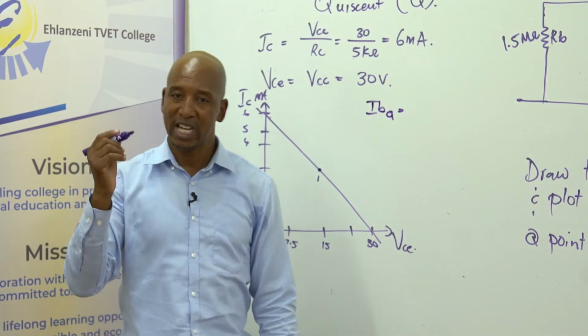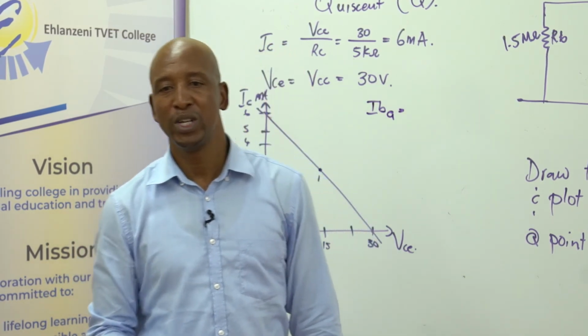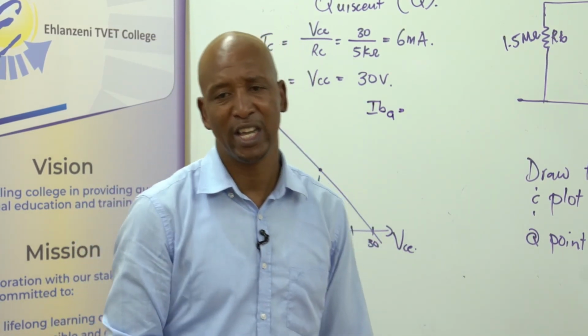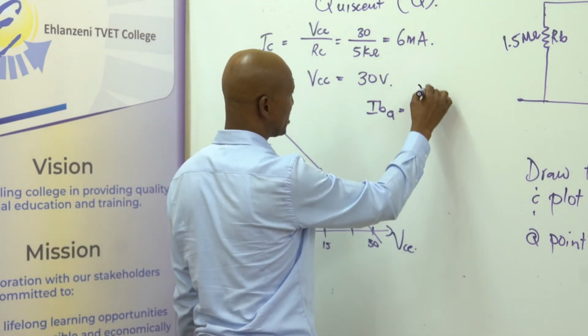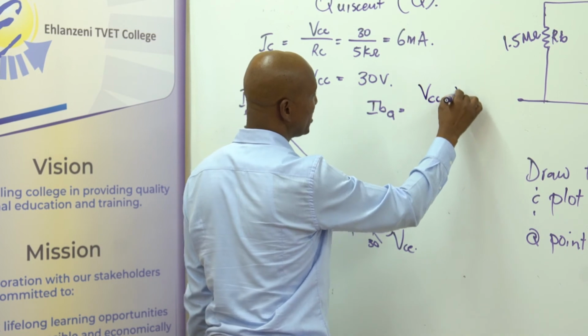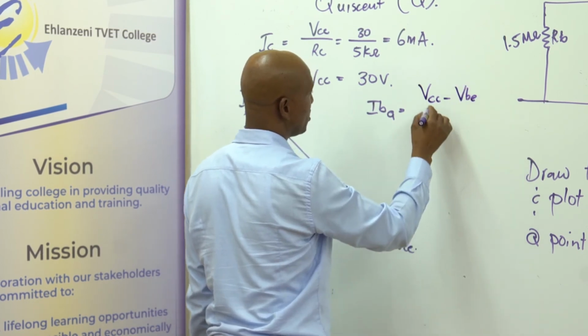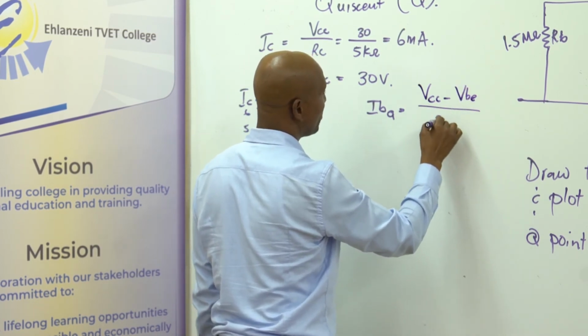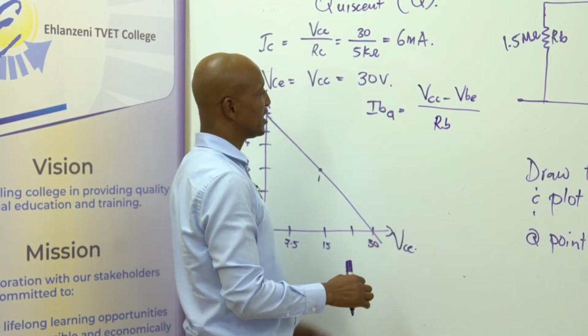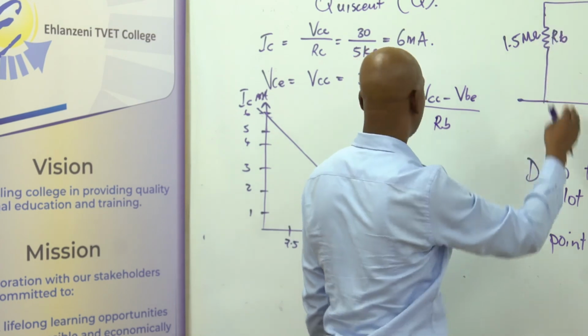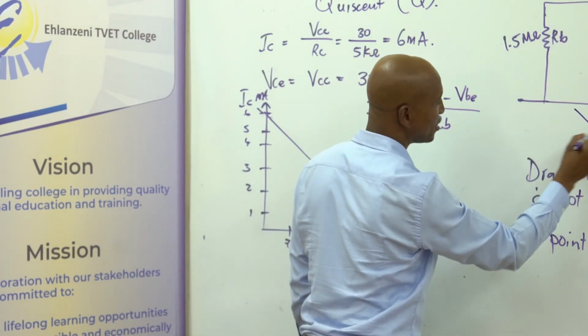So for you to find IBQ, you need to know the value of your VCC and the value of your VBE, where we say IBQ is equal to VCC minus VBE, all over the value of the resistor at the base. So you will notice that you know your VCC, but you don't know your VBE.